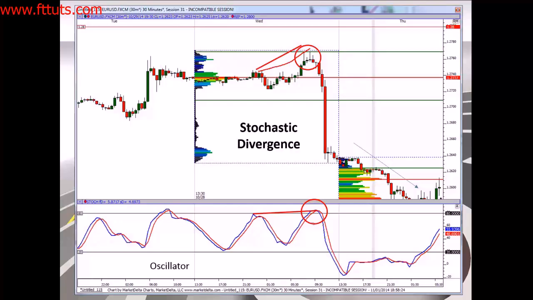Sometimes it will even move either at the same plateau or lower. And that's what we mean by divergence. We don't get the same level or extent of movement on the indicator that we see on the price action, and that affirms for us a potential pending change. So look for these divergences.